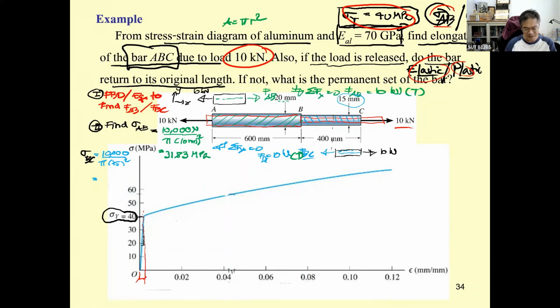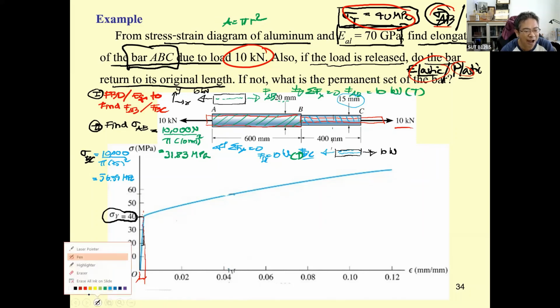So it's 10,000 divided by pi times 7.5 squared, which is 56.59 megapascal.